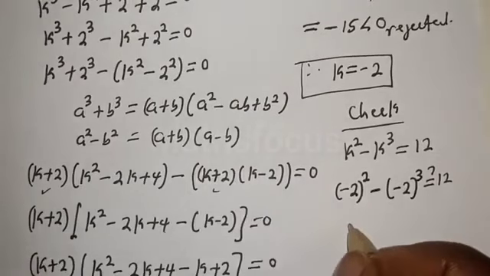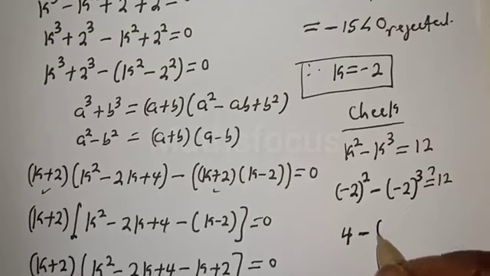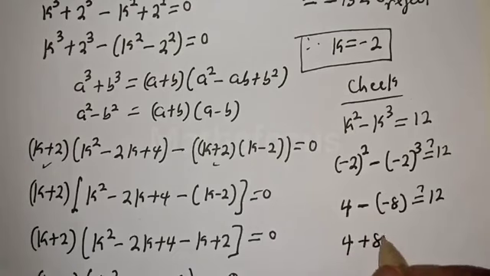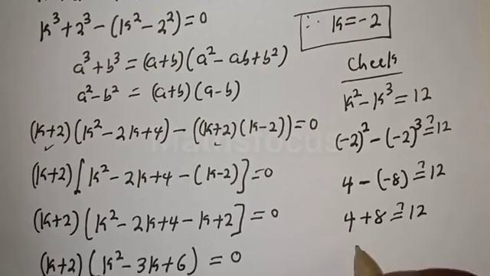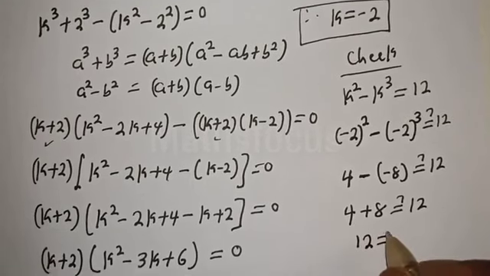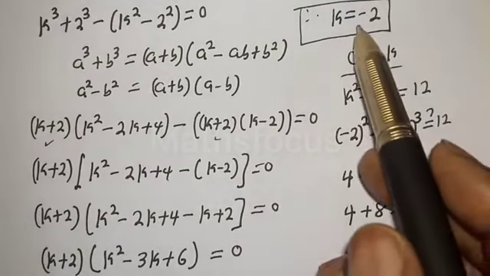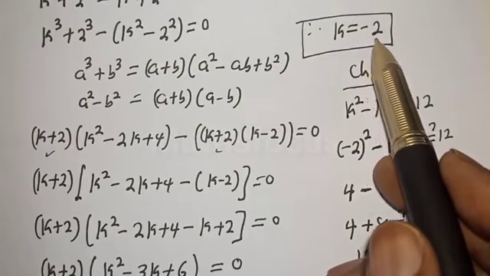Then minus 2 square is 4 minus bracket minus 8 must be equal to 12. Here is 4 minus times minus, that is plus, plus 8 must be equal to 12. Then 4 plus 8, this is 12, is equal to 12. And this satisfies the equation at k is equal to minus 2.